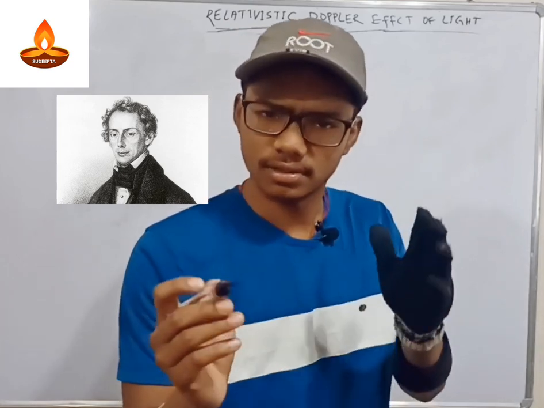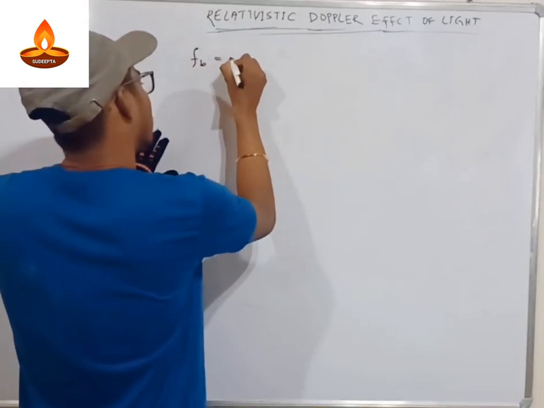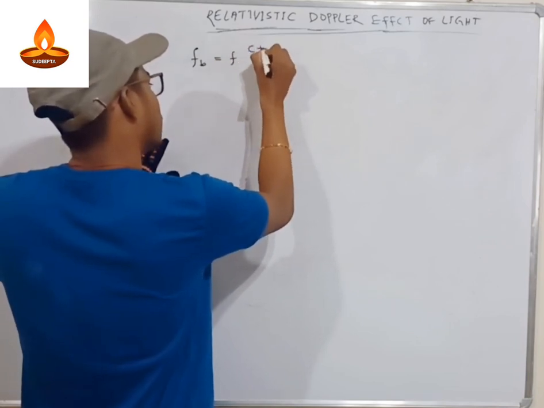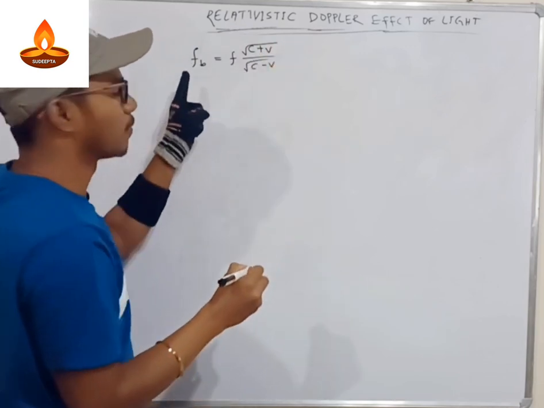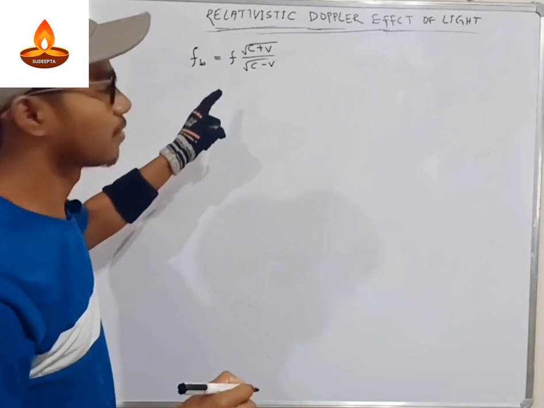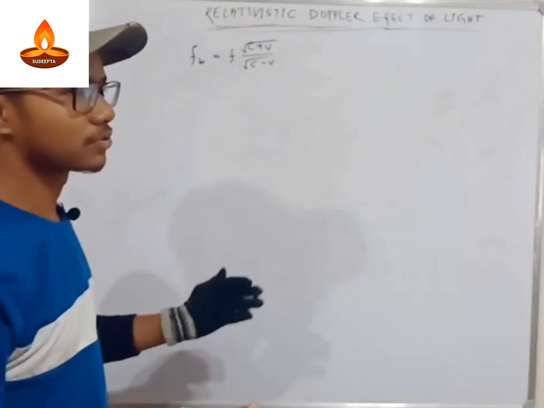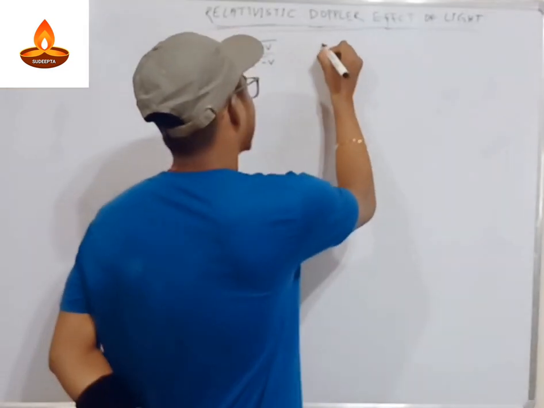Just remember that f_B equals f times the square root of (c plus v) over (c minus v). It is for the blue shift frequency, where f is the normal frequency, and c plus v over c minus v applies when the source is approaching. And what is the red shift?